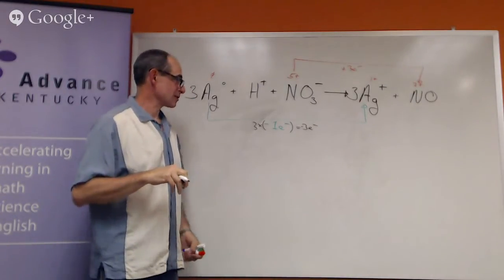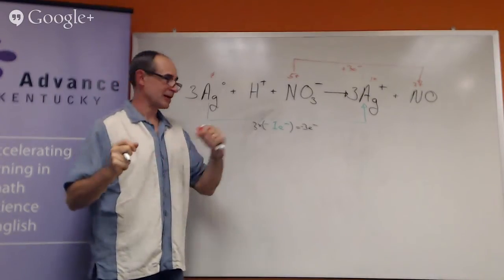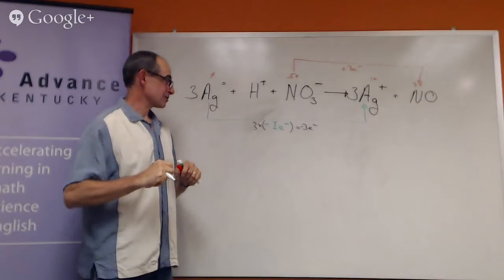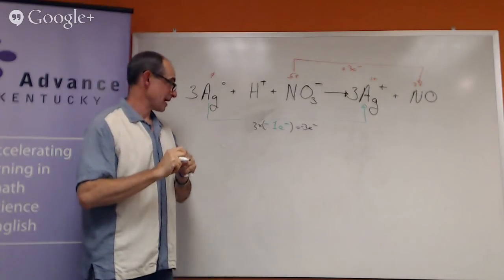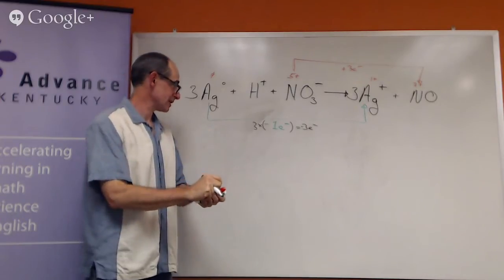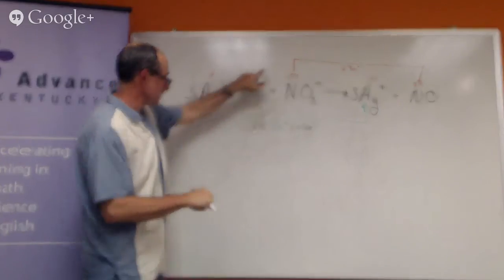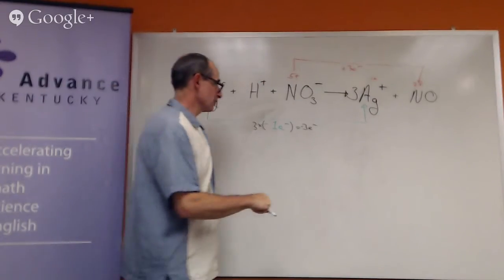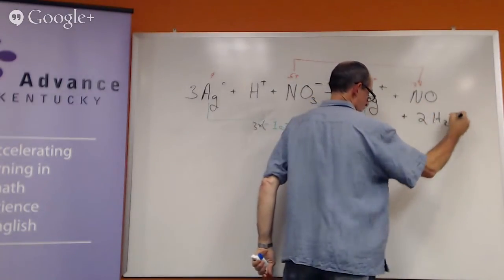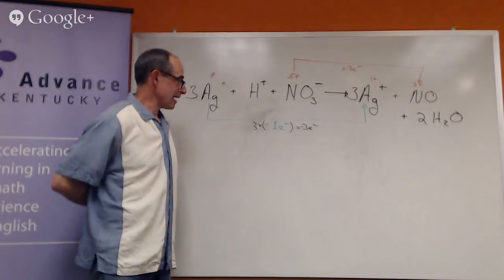Because these occur in an acidic aqueous solution, we then typically have oxygen atoms and hydrogen atoms that need to be balanced. We will balance the oxygen atoms not by adding O2, but by adding water. You've got to have that oxygen in the -2 oxidation state. I have 3 oxygen atoms represented on the left-hand side. I only have 1 on the right-hand side, so I'm going to go ahead and add 2 water molecules, and that will balance out the number of oxygen atoms.